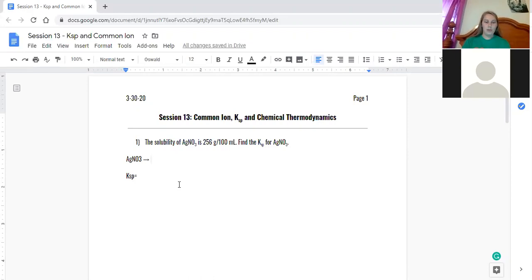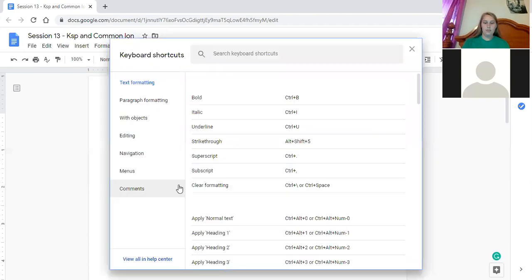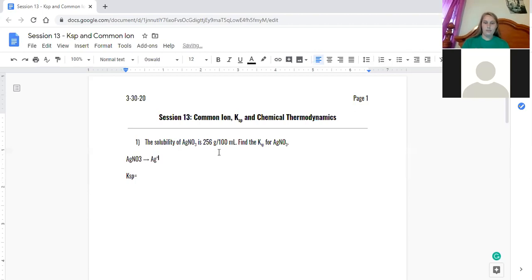But yeah, so that's going to separate out into your Ag plus and your NO3 minus.